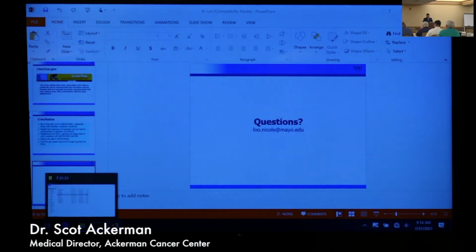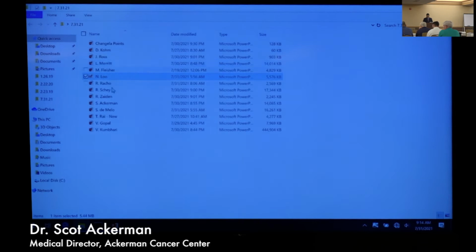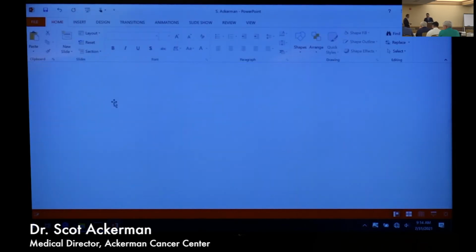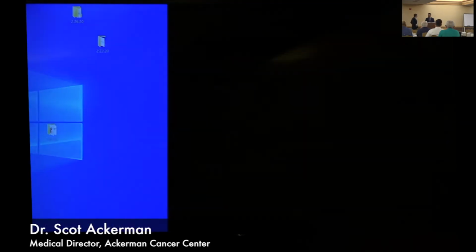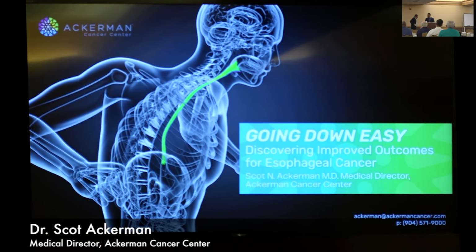He's a board certified radiation oncologist and medical director of Ackerman Cancer Center. Has locations in Jacksonville and Nassau County. And I can safely say that this is the only proton treatment center in the country which is in a private setting, right? Thank you. Yes. Okay, thanks, Doc.